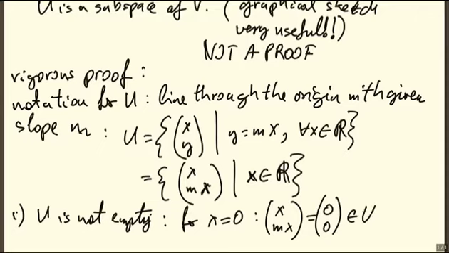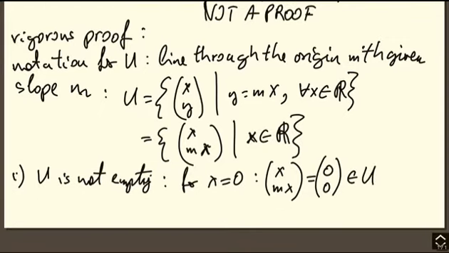It's in the set. We already, of course, knew that from the picture that 0 is an element of the line, the origin, since the line goes through the origin. That means U is not empty.